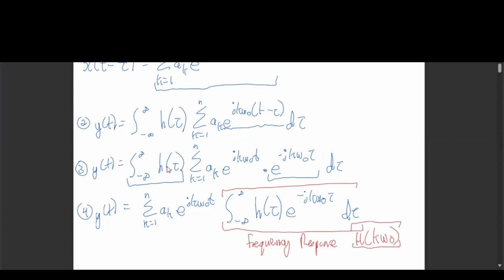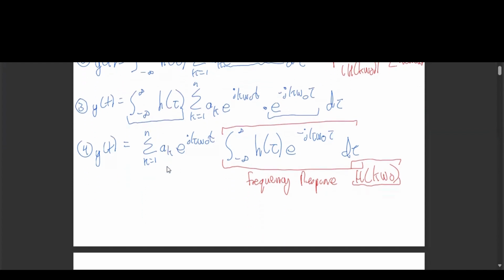The filter in this case will first have a magnitude response, so how it changes the amplitude of each sinusoid, which will be the magnitude at each k omega naught. And then I'll have a phase response, which will just be the phase response of the filter, right? So with that said, we can finally manipulate it.